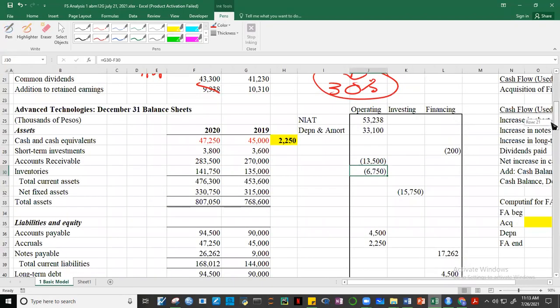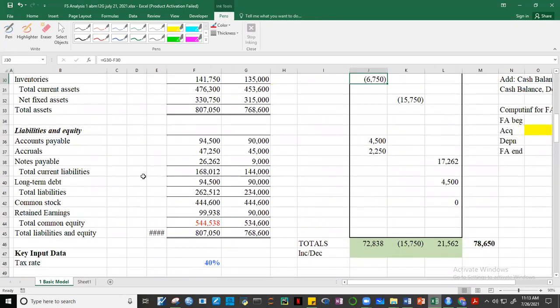Okay, so let's go back to our statement of cash flows. Okay, liabilities and equity natin dito, 90 to 94,500, operating siya, tumaas, so source of cash. Accruals, okay, tumaas, since that's a liability, source of cash. Notes payable, utang din yan, tumaas, so since interest bearing yan, dun siya sa financing, source of cash.